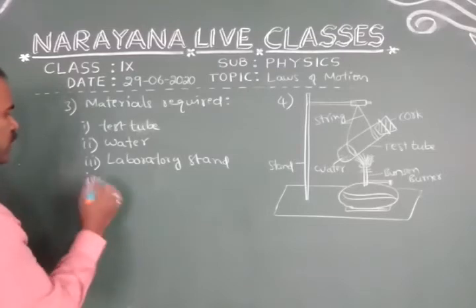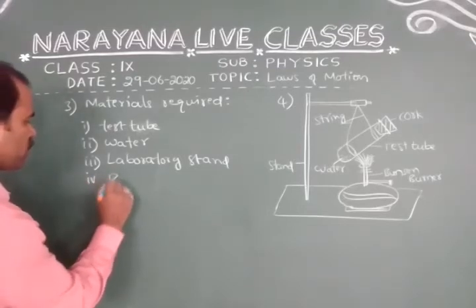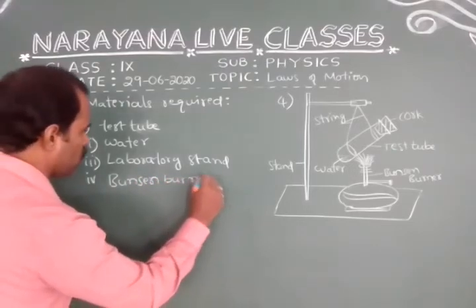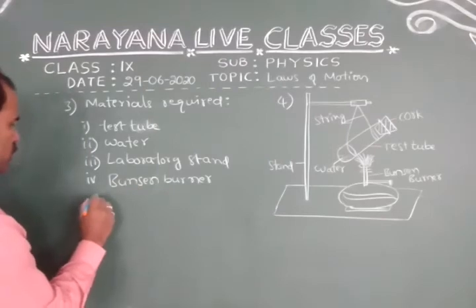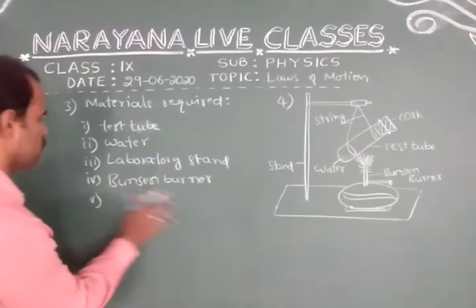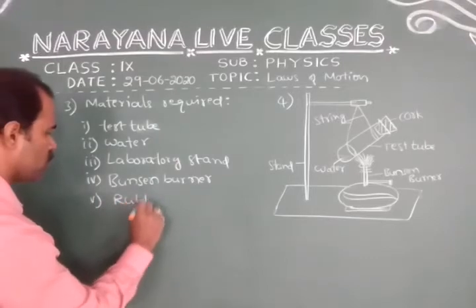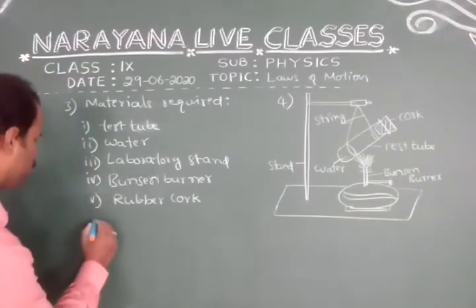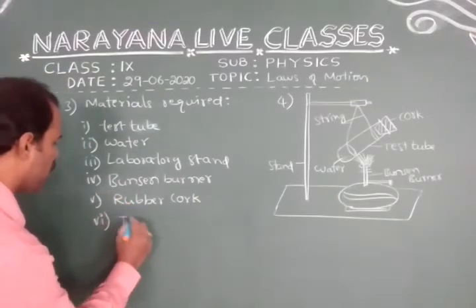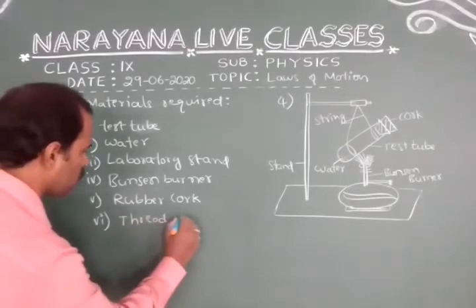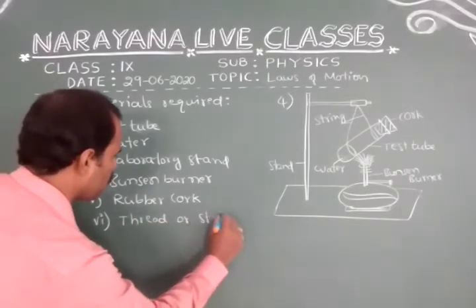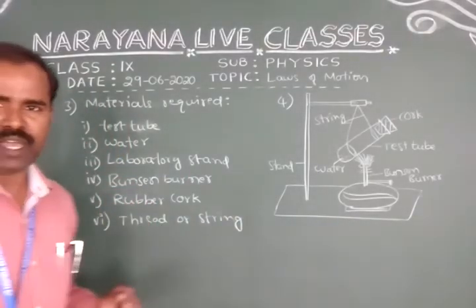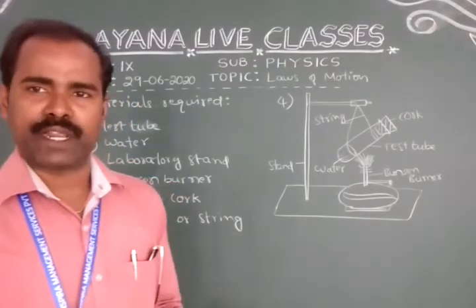Next, to heat the water, we need a Bunsen burner. Next one is a rubber cork. To tie the test tube we need thread or string. So these are the materials required to perform the Newton's third law activity in the laboratory.